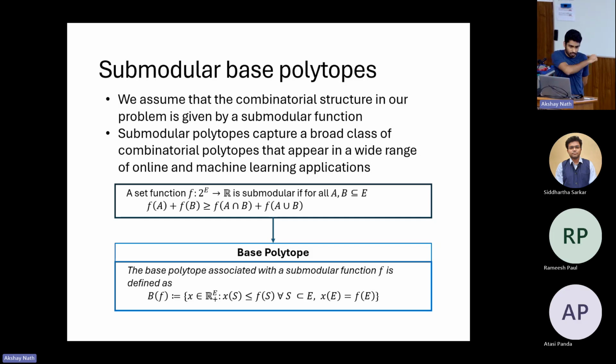And the problem I previously mentioned of ranking in a recommendation system is actually this problem. So you're just playing points over a submodular base polytope. And these satisfy very, very nice properties. They're very beautiful objects, studied very well and so on. But note that the number of inequalities there is exponential because the number of subsets of the ground set is 2^n if your ground set size is n. And so it's not easy to work with these directly.